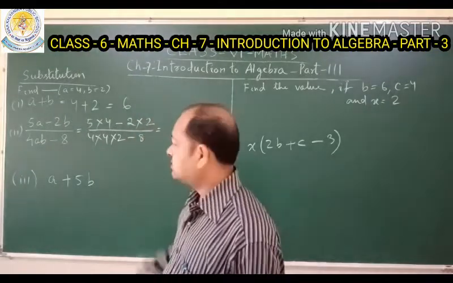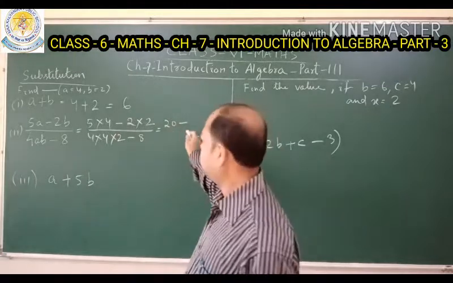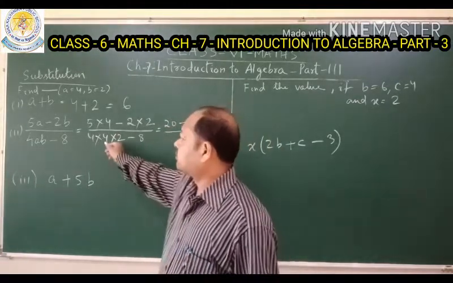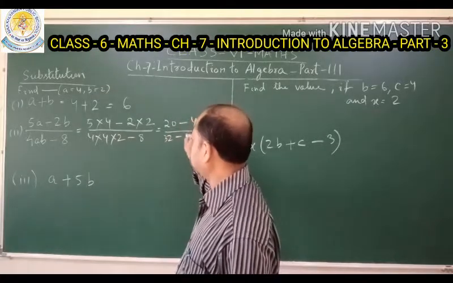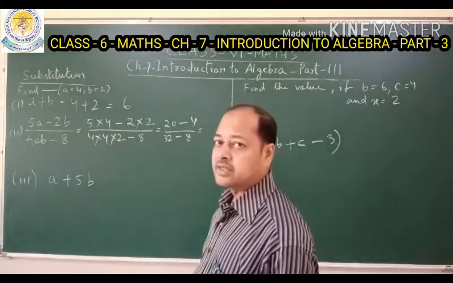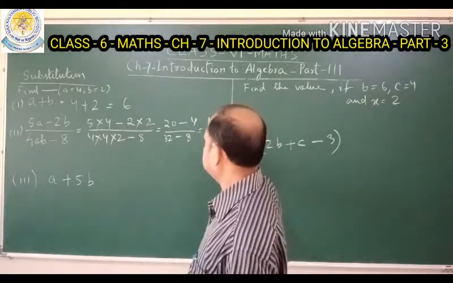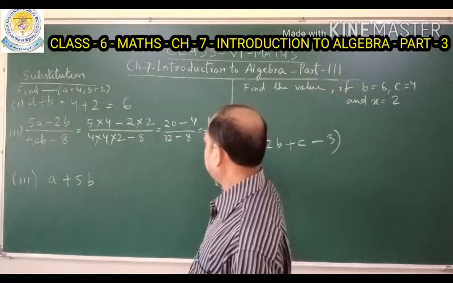So what is the answer? 5 4s are 20, minus 2 2s are 4, upon 4 4s are 16, 2 16s are 32, 32 minus 8. So 20 minus 4 is 16 and 32 minus 8 is 24.